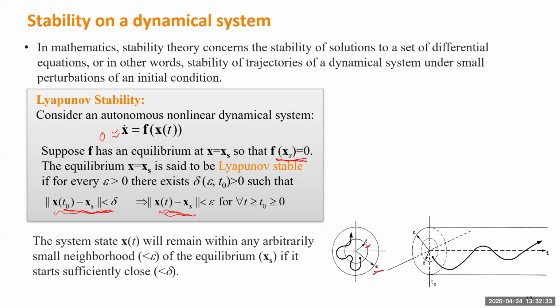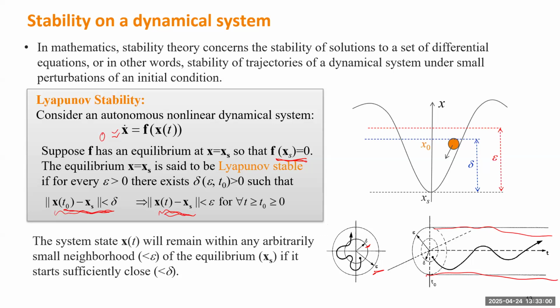If I release the system state within the smaller circle delta, it may sometimes go outside of the circle of delta, but will never escape the circle of epsilon. It will stay within the envelope of epsilon. If this is true, the system is stable near this equilibrium point.